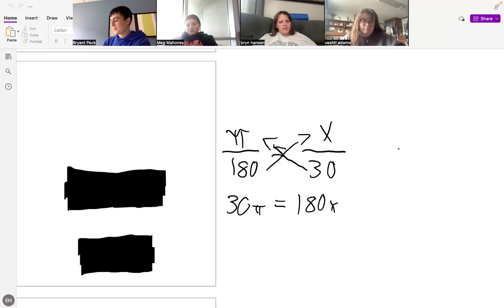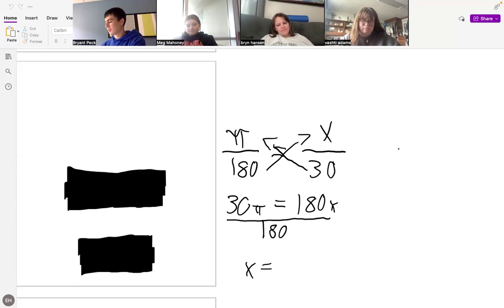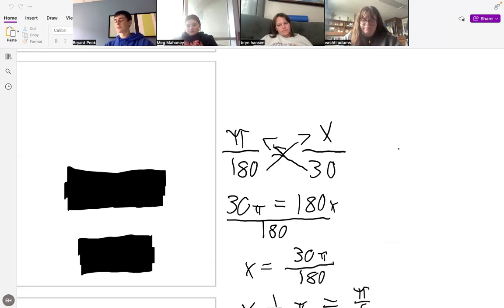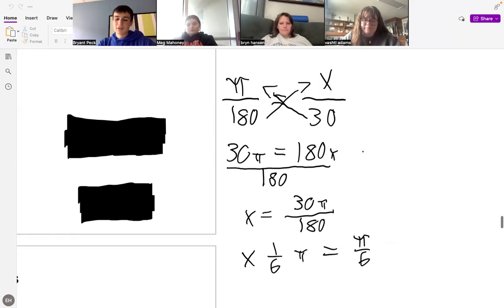Divide by 180, right? Now we have x equals 30 pi over 180. And if we reduce that 30 over 180, we get 1/6 times pi, or we can write that as pi over 6.